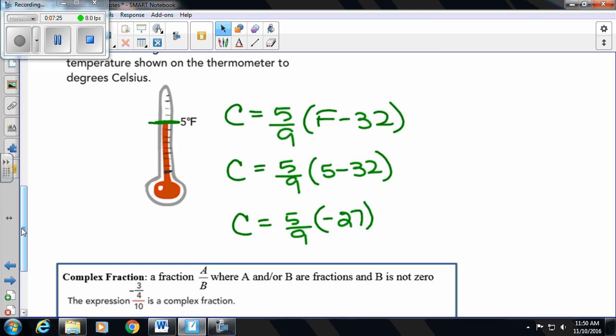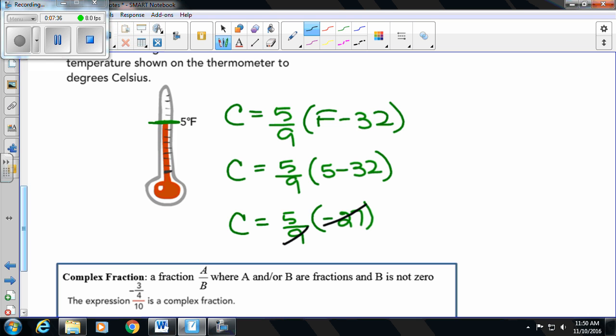Now when I do that, I can clearly see I can simplify. So -27 divided by 9 is -3. 5 times -3 is -15, and it is degrees Celsius.